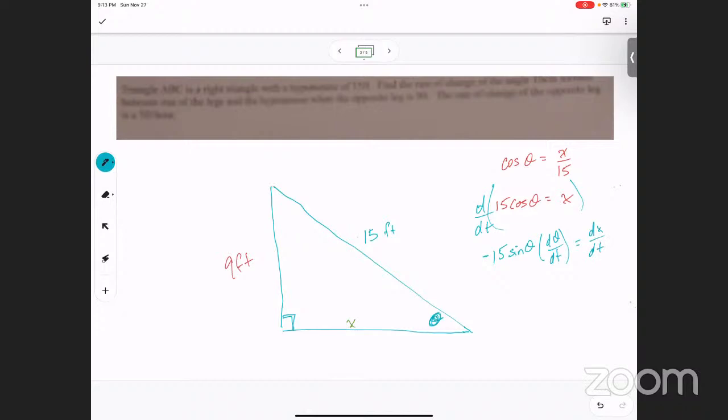But they said find it when the opposite side is 9 feet. So what angle would this be if that was 9 feet? You would do the sine of theta equals 9 over 15, so theta equals sine inverse of 9/15.